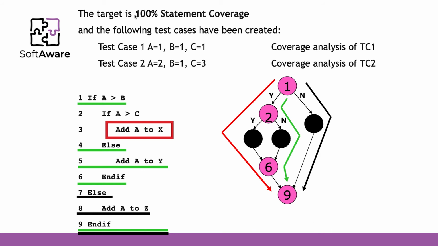Regarding this target, 100% statement coverage, there is still one statement present in line number 3 that corresponds to this branch, where, to achieve also 100% decision coverage, you have to define an additional test case that allows you to execute this branch.